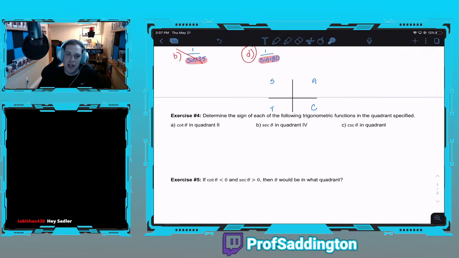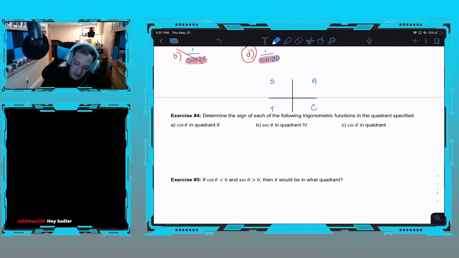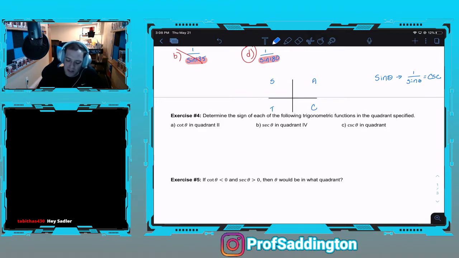So if I have sine theta versus 1 over sine theta, which we said is cosecant, if sine theta is positive, that means 1 over sine theta is positive.